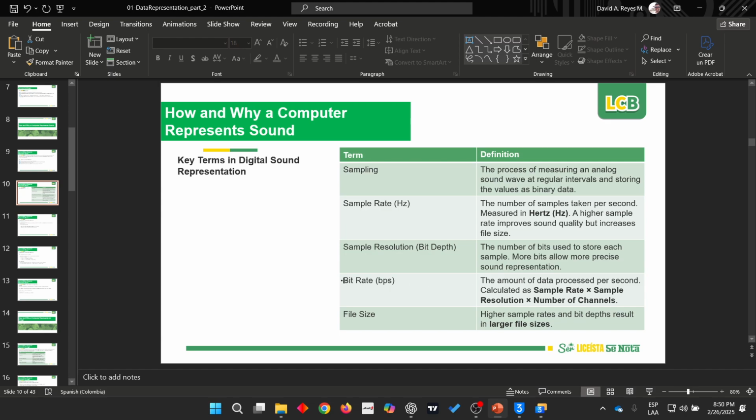Okay. Now we have the bit rate. The bit rate is the amount of data processed per second. Okay. So let me show you. Let's suppose that we have these bits: 1 0 1 1 0 0 1 0 1 1 1 0 1 1 1 0 0 0 1 1 0.